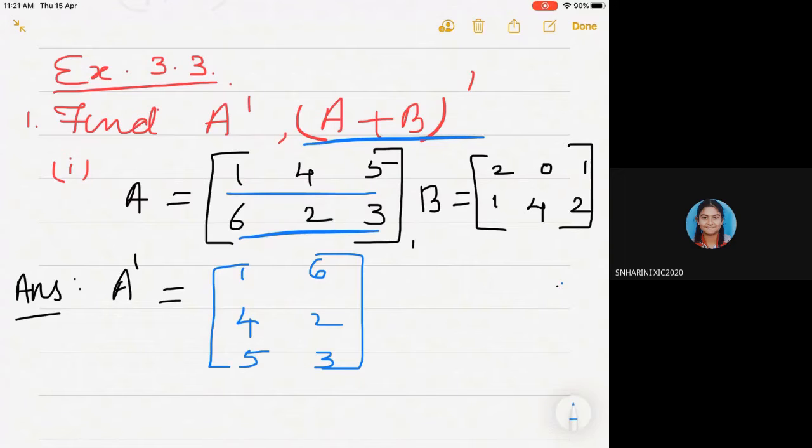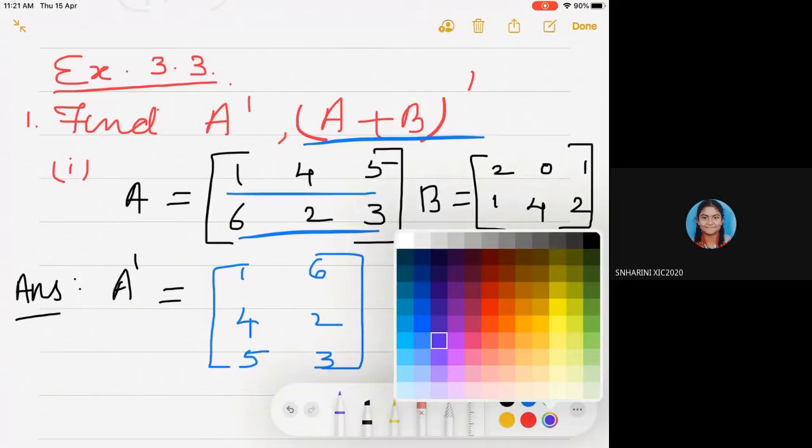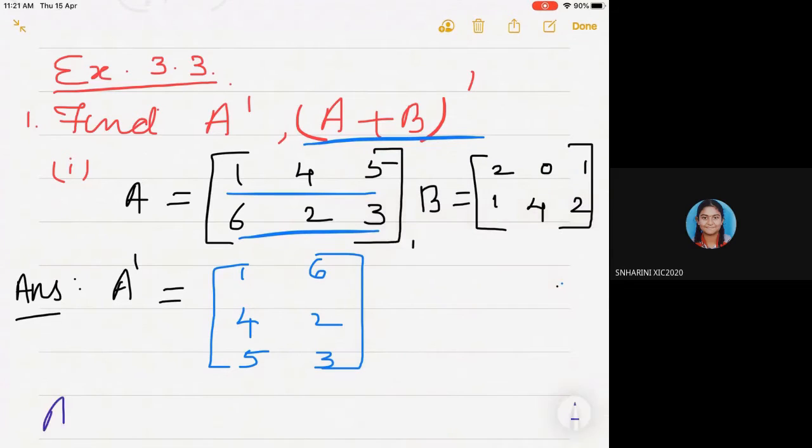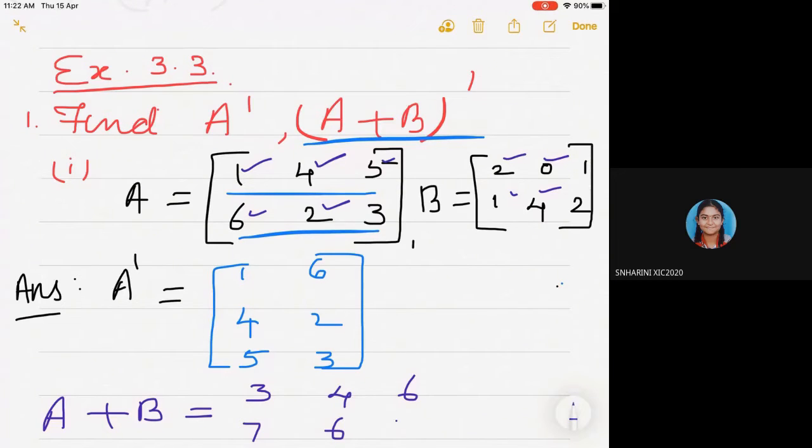For that, you need to find first A plus B. So please find A plus B now. So A plus B, the sum of the two matrices, the corresponding elements you have to add. 1 plus 2, that is 3. Then 4 plus 0, 4. 5 plus 1, 6. 6 plus 1, 7. 2 plus 4, 6. 3 plus 2, 5.